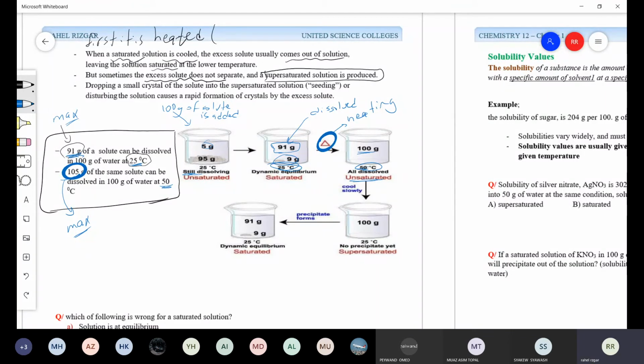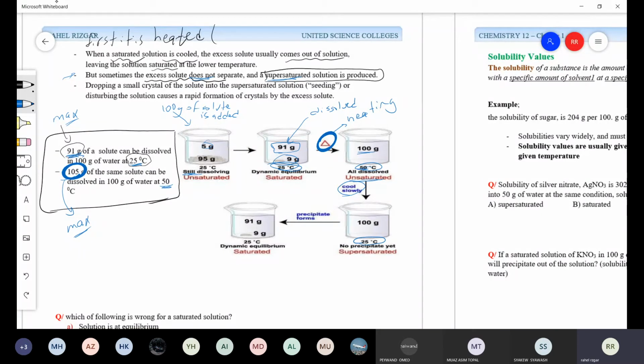When we cool it slowly, what do we say in the second point? Sometimes the excess solute does not separate. What will be produced? A supersaturated solution is produced. So when we cool it down slowly, to which degree?